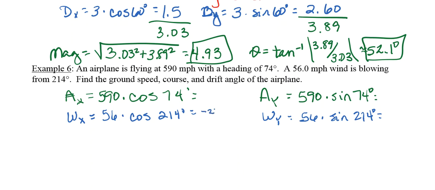So I have negative 46.4, negative 31.3, 162.6, 567.1.